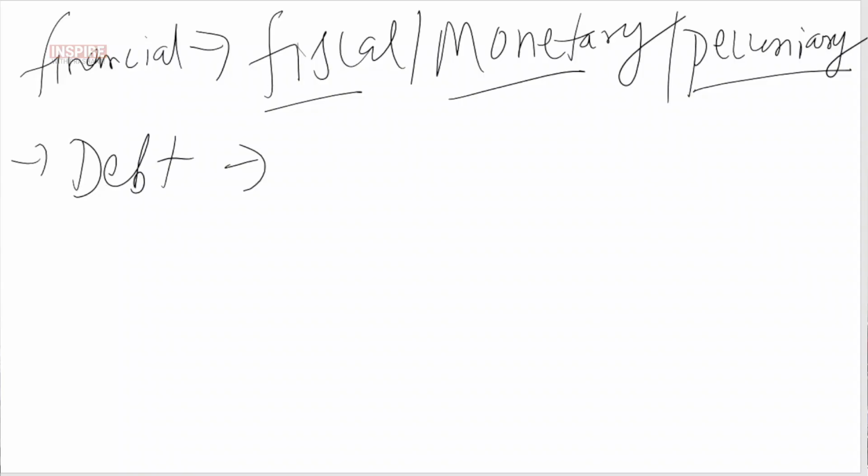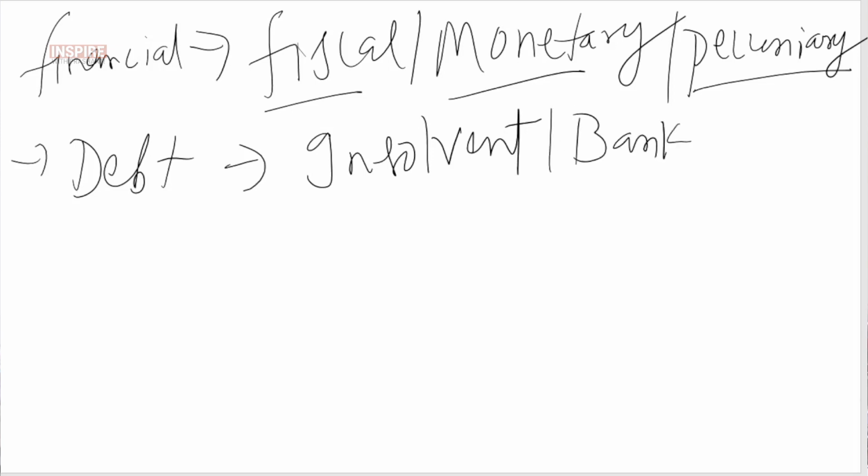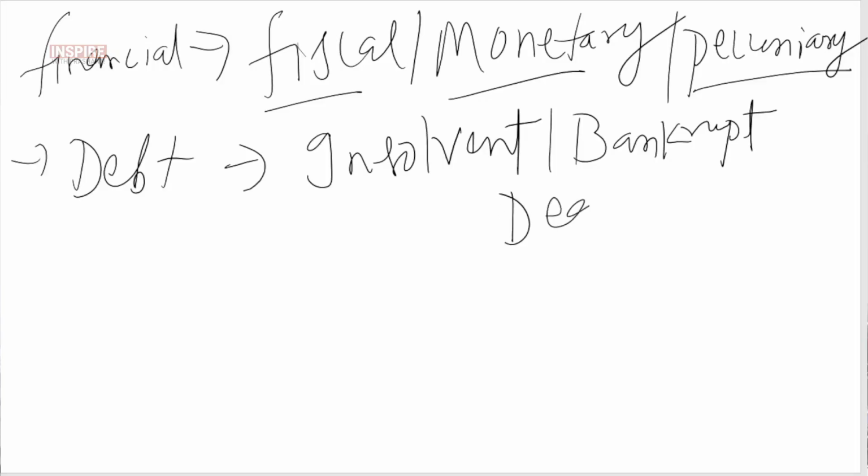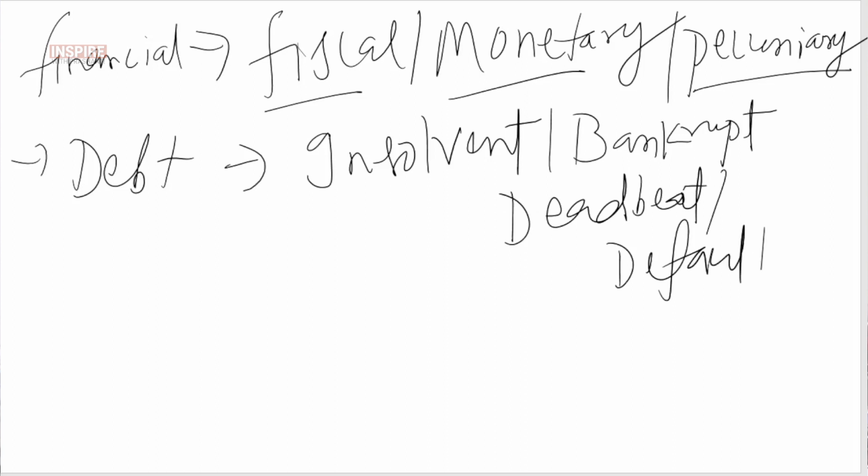When it comes to GRE and those kind of entrance examinations, insolvent is a very frequent word, right? Bankrupt is something that you already know, right? So people who are insolvent, people who are bankrupt, they are those ones who cannot pay their debts. We also know a word deadbeat is in the same family, and of course we know a word defaulter.